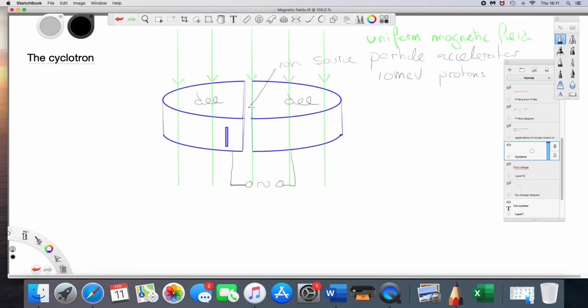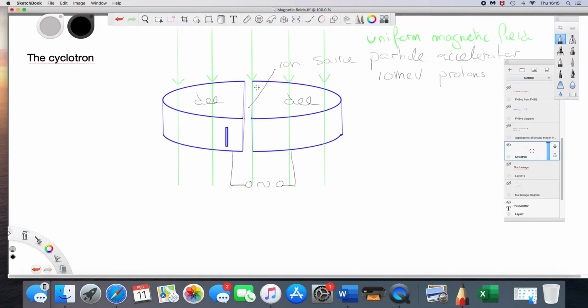So you have the ions coming out of the ion source. They're being accelerated by the electric field between the Ds here. Let's have this D positive and this one negative to begin with. So my ions are going to come out of here. They're going to be accelerated to the left.